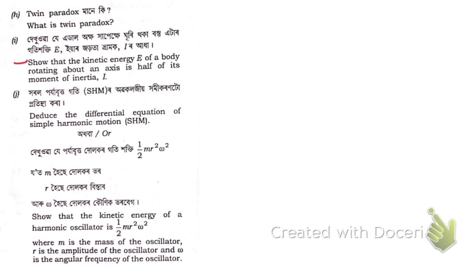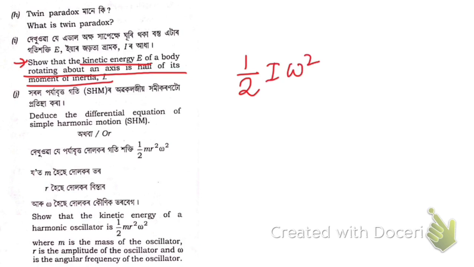Now the next question: the kinetic energy E of a body rotating about an axis is half of its moment of inertia. Actually, the kinetic energy of a rotating body is half I omega square. It is not half of moment of inertia, it is half of the product of moment of inertia and the square of the angular velocity.